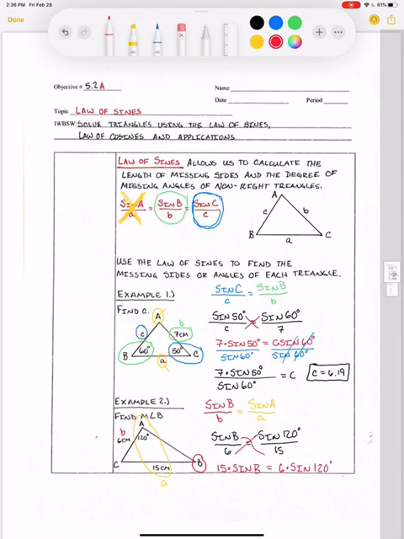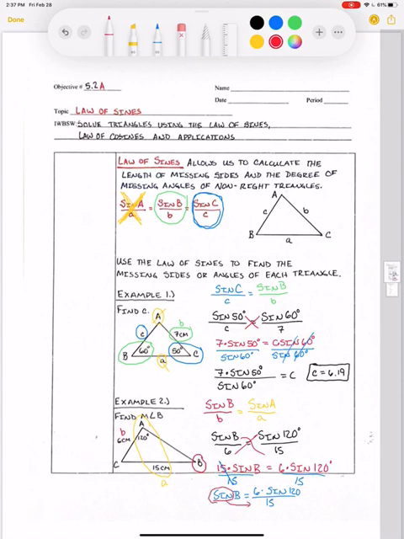To get B by itself, I'm going to start by just dividing both sides by 15. And I have the sine of B equals 6 times the sine of 120 over 15. To get B by itself, I have to get rid of this sine. I need to move it over here.